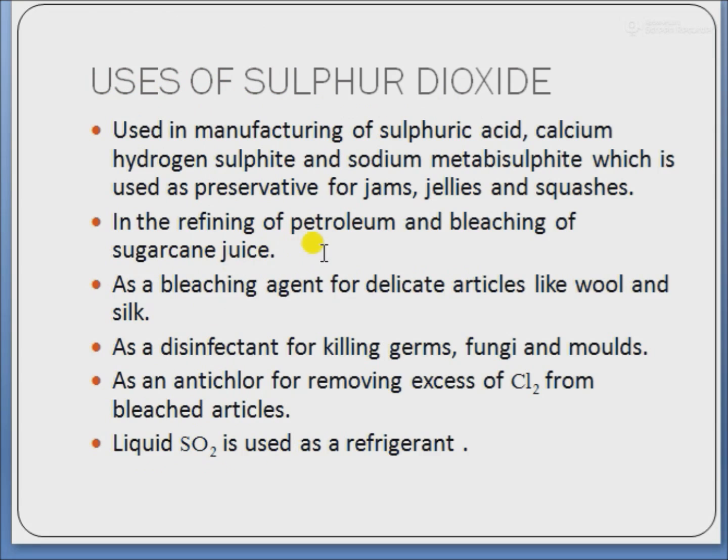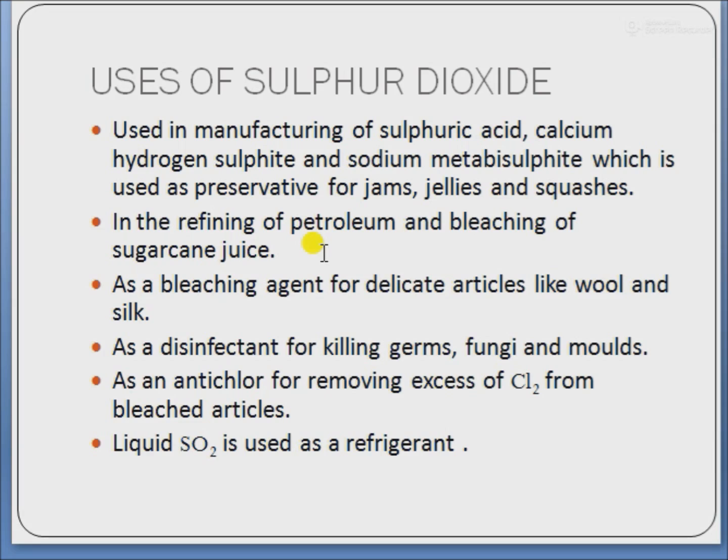Next are the uses of sulfur dioxide. It is used in the manufacturing of sulfuric acid, calcium hydrogen sulfite and sodium metabisulfite, which is used as a preservative for jams, jellies and squashes. It is used in the refining of petroleum and bleaching of sugarcane juice. It is used as a bleaching agent for delicate articles like wool and silk.